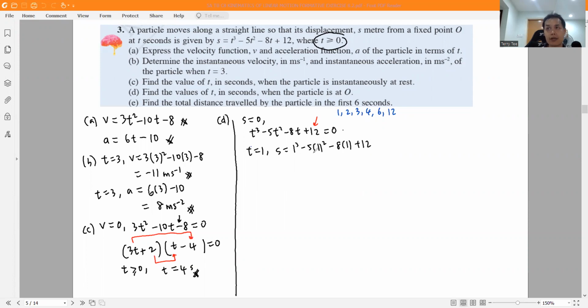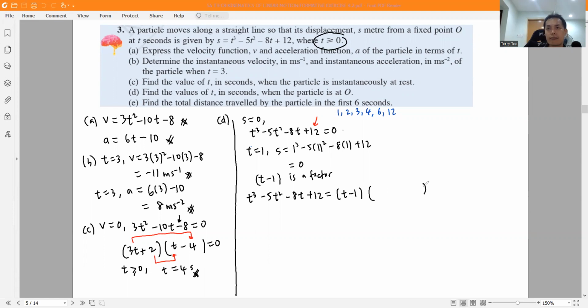Picture this: 1 minus 5 is minus 4, minus 4 minus 8 is minus 12, minus 12 plus 12 is 0. So that means we know that t minus 1, this bracket, is a factor. Now, remember, you want to factorize t cubed minus 5t squared minus 8t plus 12. But we know t minus 1 is one of the factors. But we need to figure out the rest of this.